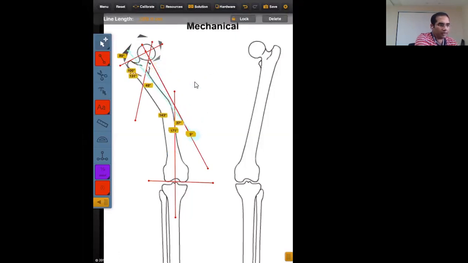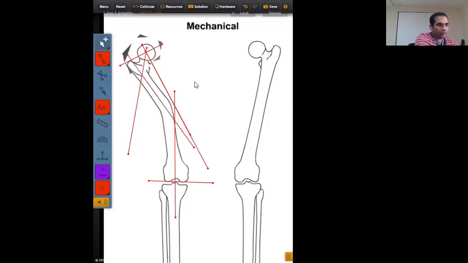It will automatically correct itself. As you can see, this is the reference diaphyseal line. The neck shaft angle here now is, let's see what it is, 135 degrees. I have corrected my reference angles. The neck shaft angle has corrected itself.